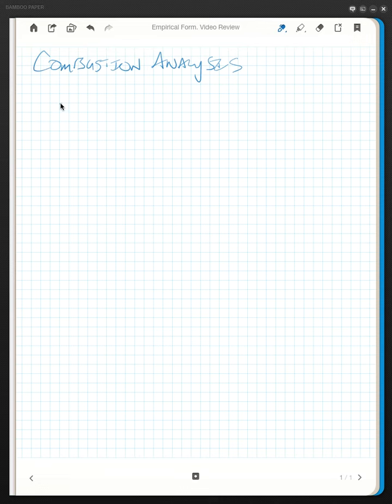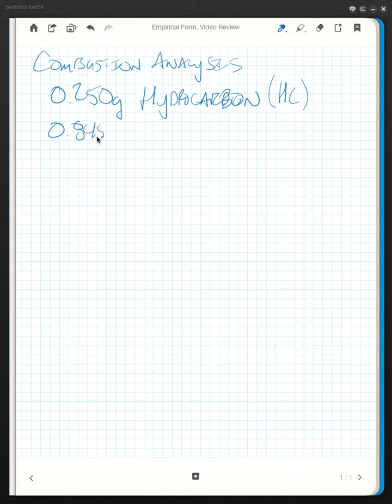So if you are given a problem that says a 0.250 gram sample of a hydrocarbon, and if it says hydrocarbon, you assume that it has just H and C in it, undergoes complete combustion to produce 0.845 grams of carbon dioxide, and it also yields 0.173 grams of water, which is a normal thing.